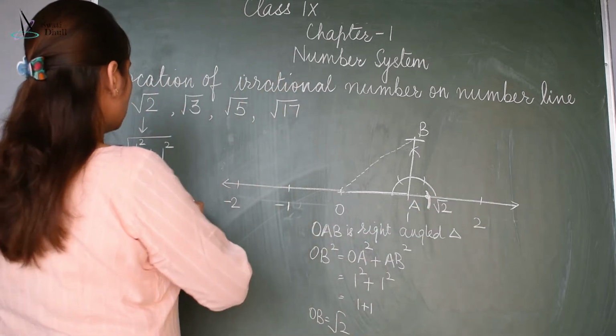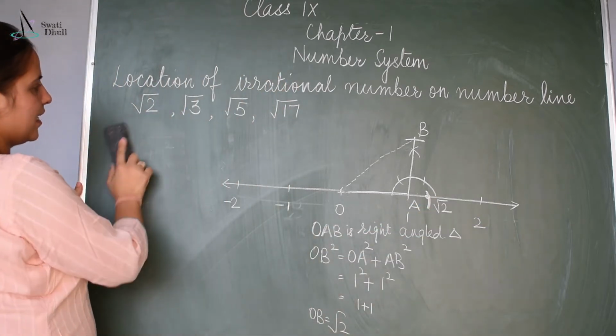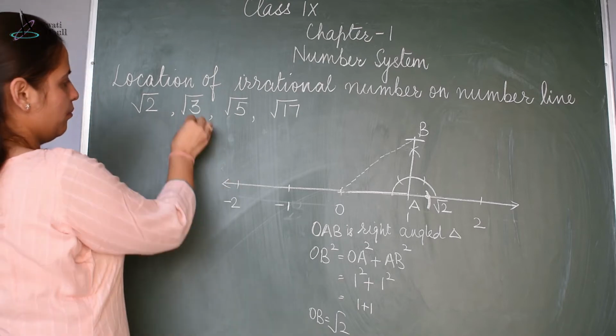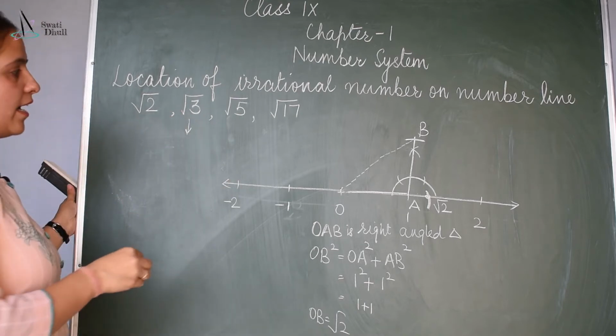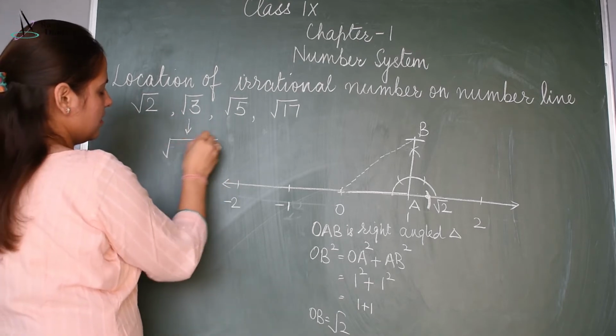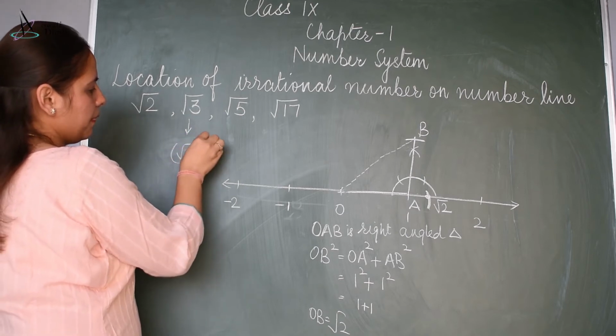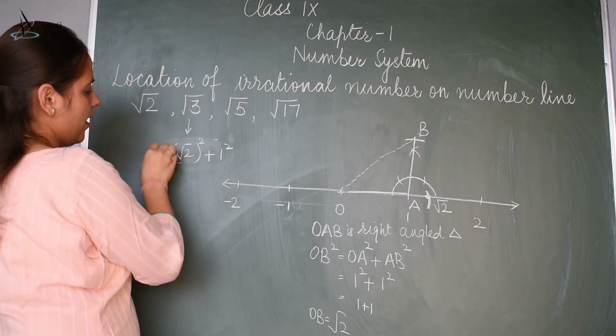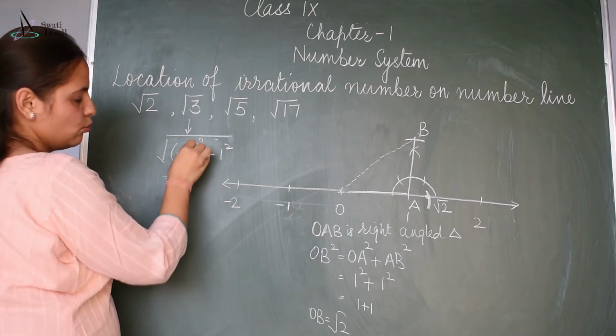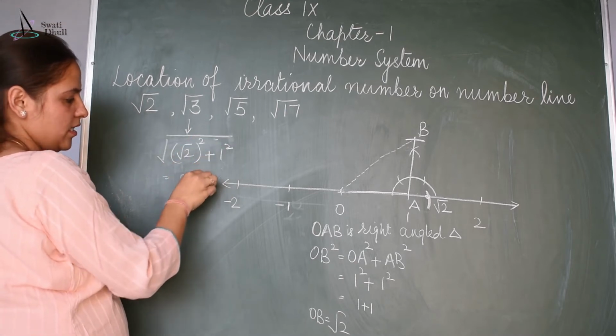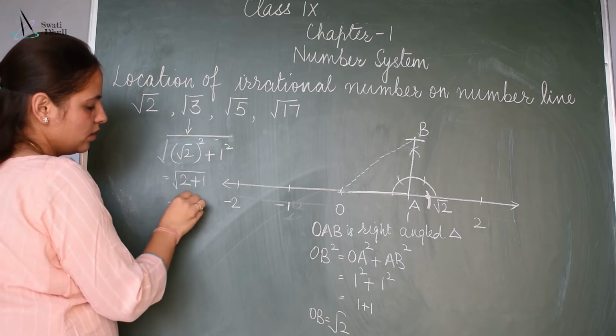Now suppose we need to represent root 3 on a number line. So how can you write root 3? As under root, root 2 square plus 1 square. So root 2 square is 2, 1 square is 1, so you will get root 3.